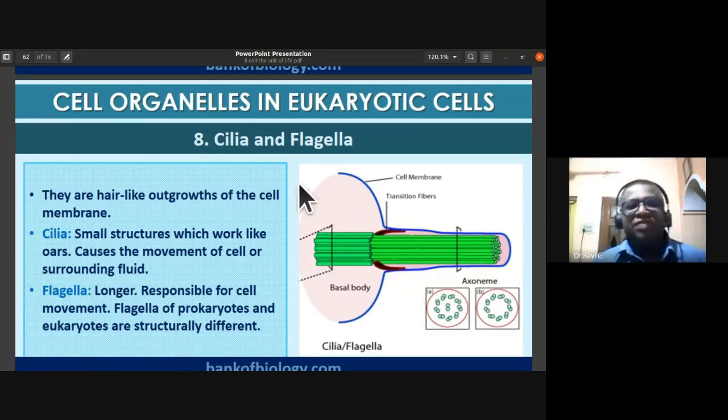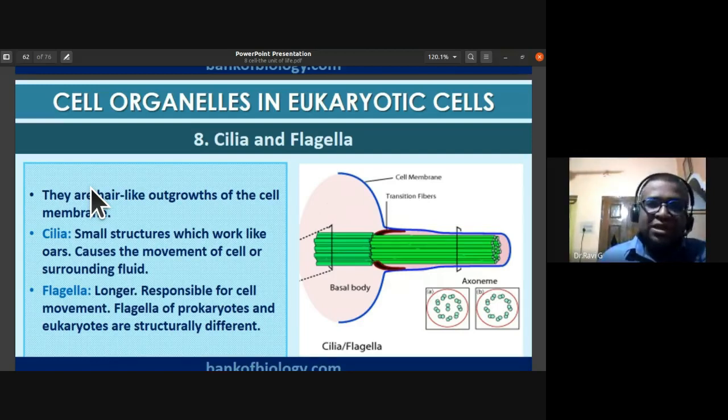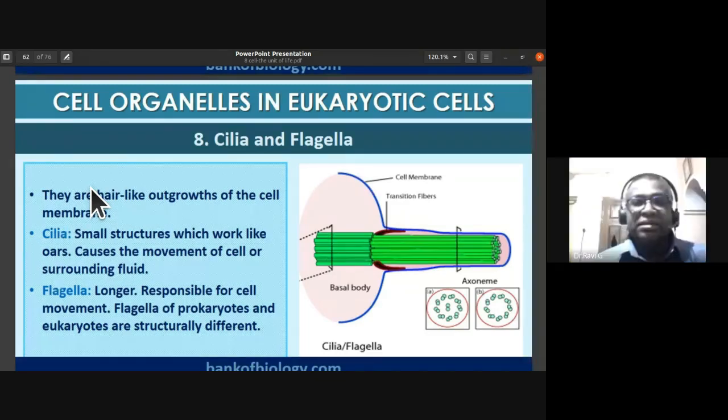The cilia and flagella are locomotory structures. They are hair-like outgrowths of the cell membrane. Cilia are small structures which work like oars. You might have seen the boatsmen using oars in a boat.